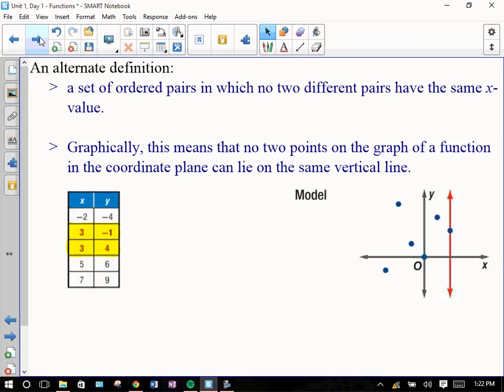So I'm going to ask you a question now. I'm going to put it on the table. I want you guys to tell me if this is a function or not.